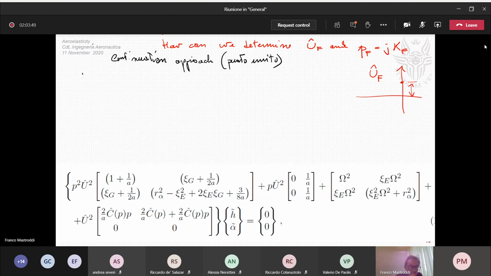Assume that P is equal to JK, marginal condition. So you want to find all the marginal values. You don't want to follow the root locus. We are just to find this situation. Limit condition.